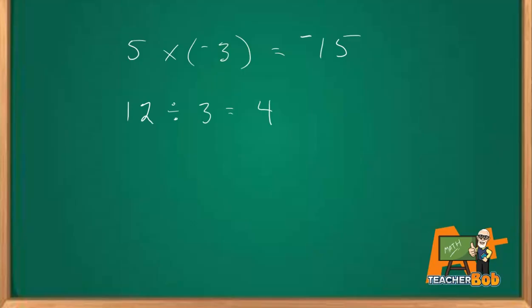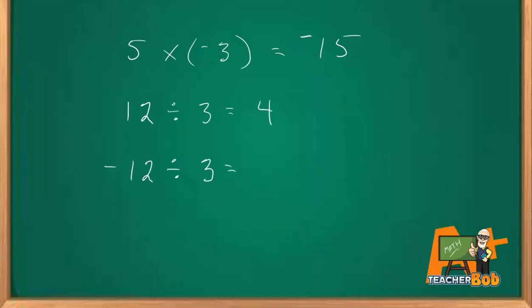But what if you owe $12 and you wanted to divide that by 3? Well, it's a negative divided by a positive. Remember, the rules for multiplying and dividing are if the signs are the same, you're going to get a positive answer. If they're different, you get a negative.